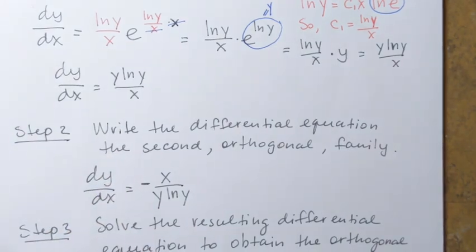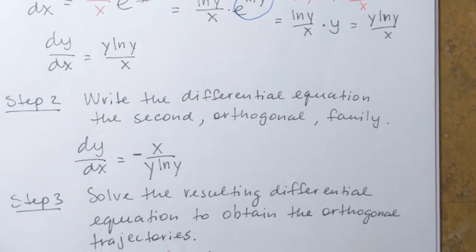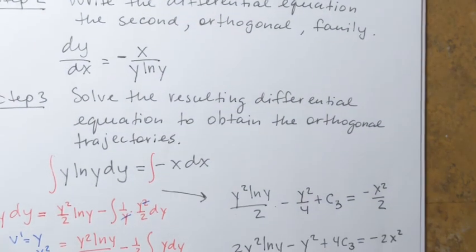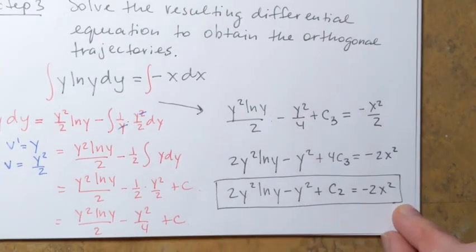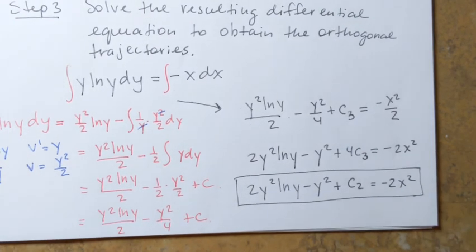Since they're negative reciprocals, all curves in the original family are orthogonal to all curves in this family. It would be a good additional exercise to pick one curve from each family by substituting the arbitrary constant with any number you like and graphing them.